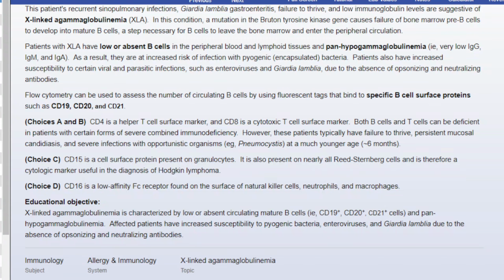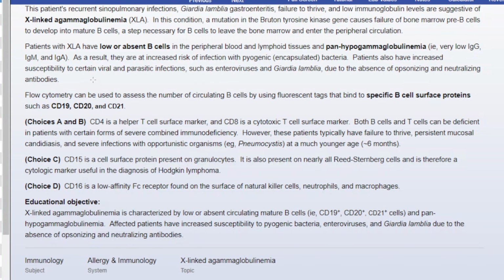Patients also have increased susceptibility to certain viral and parasitic infections, such as in this case Giardia lamblia, due to the absence of opsonizing or neutralizing antibodies. So remember, for opsonization we need immunoglobulin G. If you don't produce any kind of immunoglobulin, you're going to have susceptibility to gastrointestinal and parasitic infections, in this case Giardia lamblia.